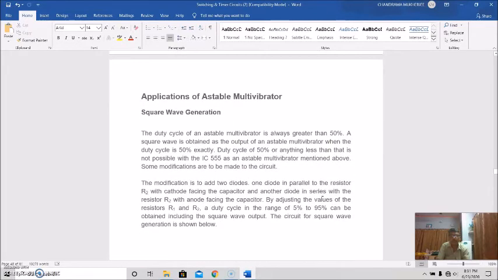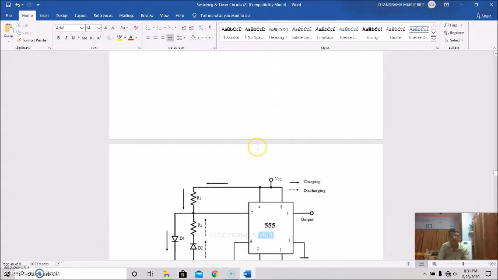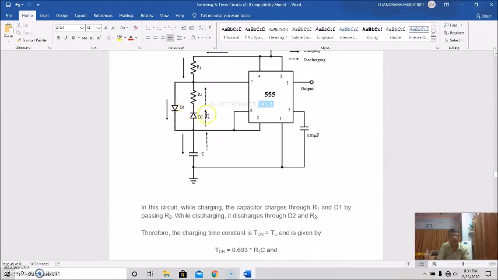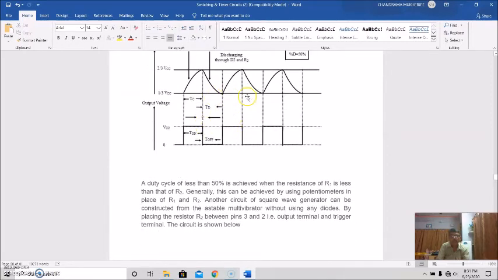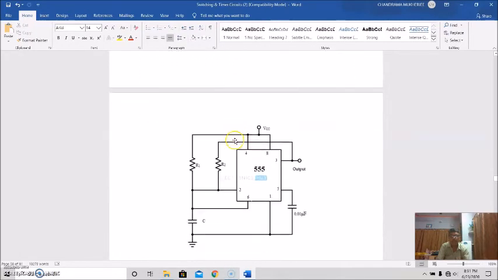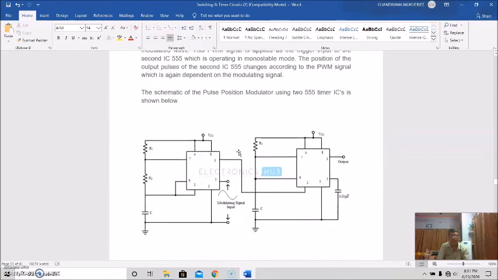Then we have discussed the Astable multivibrator as a square wave generator by modifying, and for this we have used two of this circuit. This is one circuit, another one. So this is the waveform. This is another circuit. Then we have pulse position modulation.